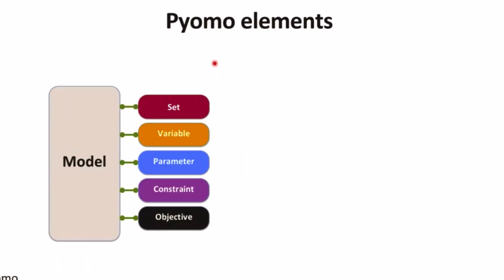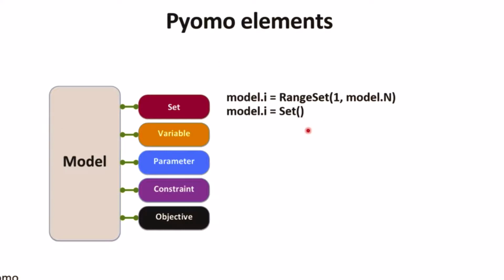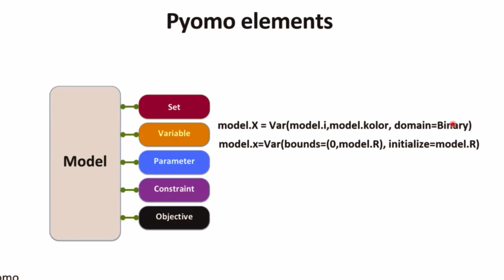Let me give you some examples regarding the sets. The set can be defined as a range set starting from 1 to model.n, or it can be defined as an empty set like this, and then using some data file, you can feed the required data into the set.